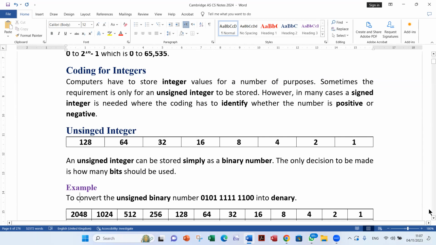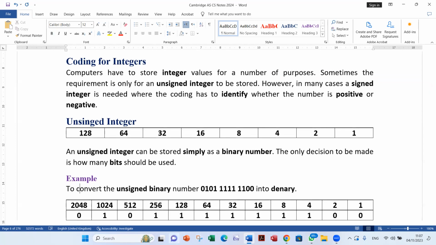Okay, put the values: 0, 1, 0, 1, 1, 1, 1, 1, 1, 1, 0, 0. Multiply and add. I am training you how to add using a pencil without using a calculator. Please go ahead and do it and send me your answer.